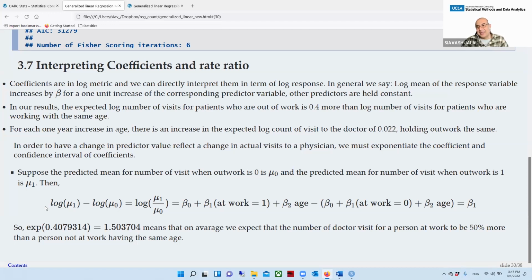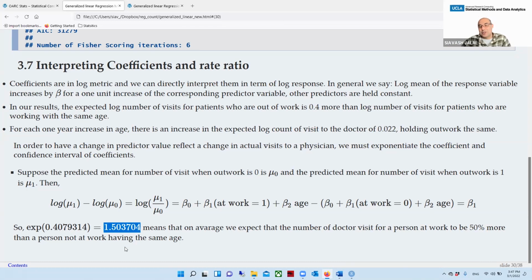If I exponentiate that, the incident rate ratio for somebody at work increases by 50% compared to somebody not at work on average, given they have the same age.